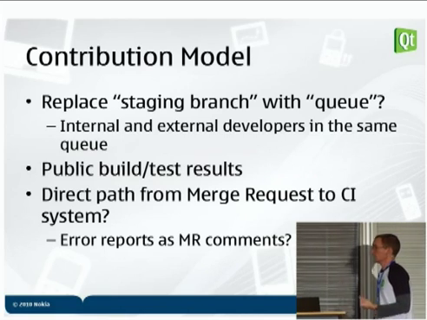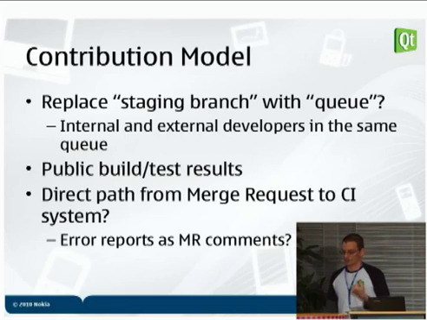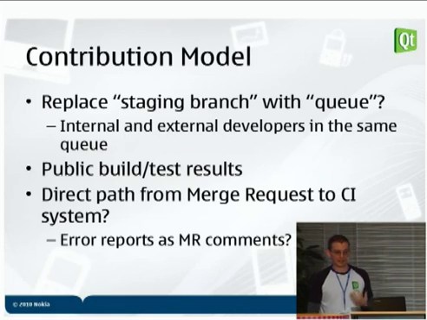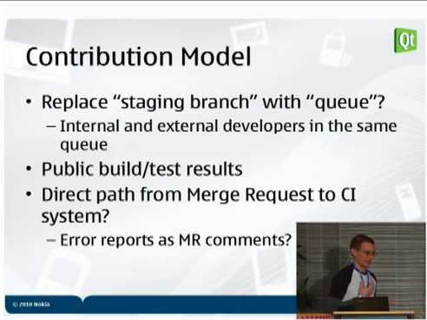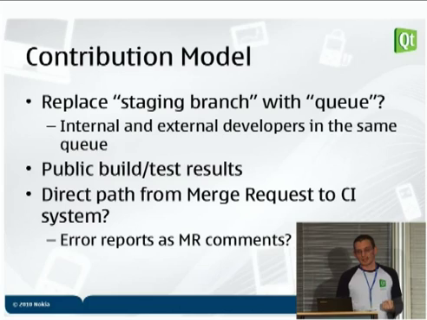Okay, so our staging branch concept really doesn't work when combined with the desire we have for open governance and accepting changes to Qt from people all over the world.